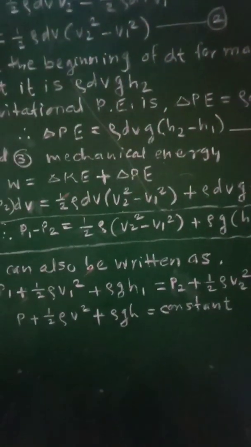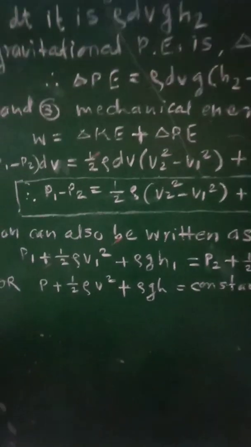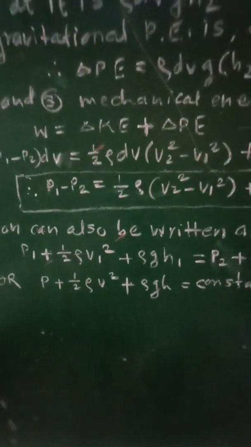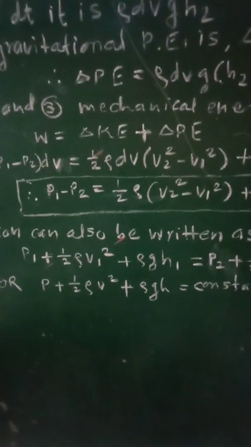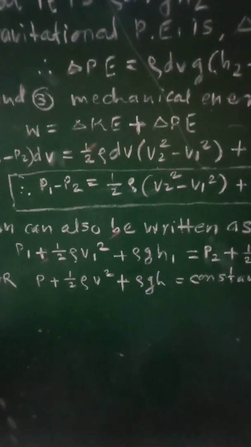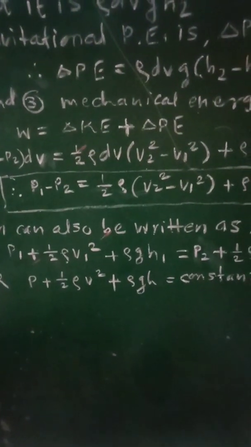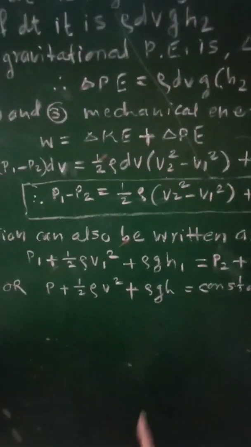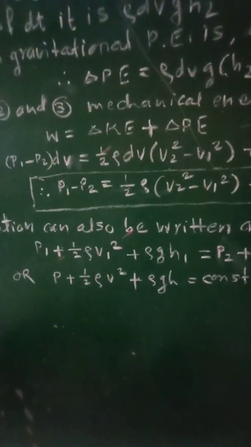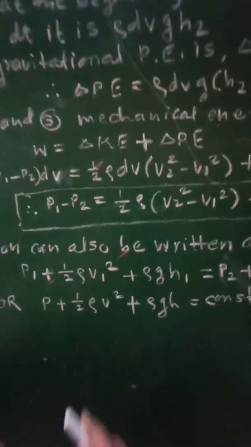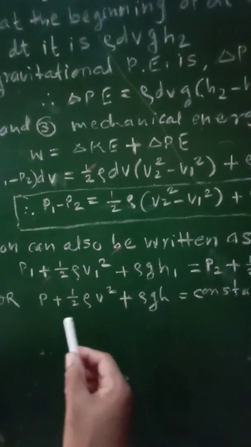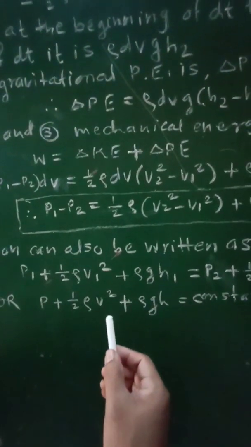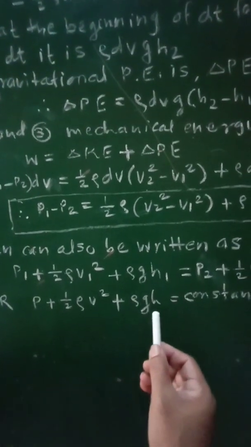If you separate these terms for the lower end and the upper end, then all the lower end terms are taken on the left side and the remaining terms on the right side, so that we get that equation. So in general, we can write P plus half rho V square plus rho g H equal to constant.